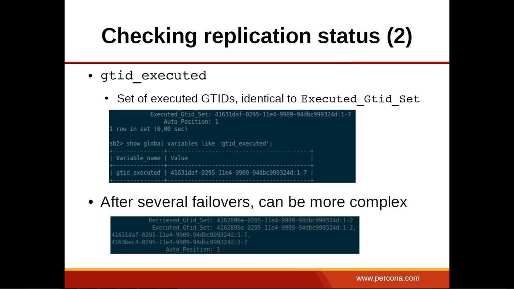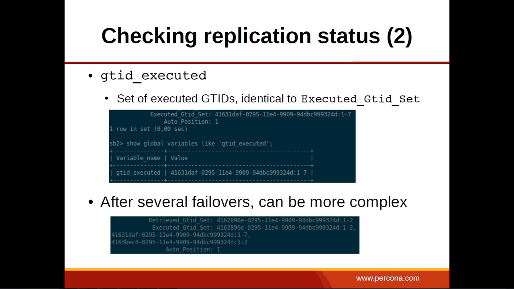One thing you have to know is that if you have a cluster, let's say with 3 servers, and the master crashes, then you promote one of the slaves, and then you may also want, for another reason, to promote the third slave to be the master for some time.